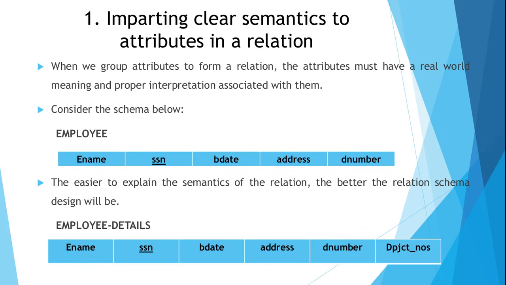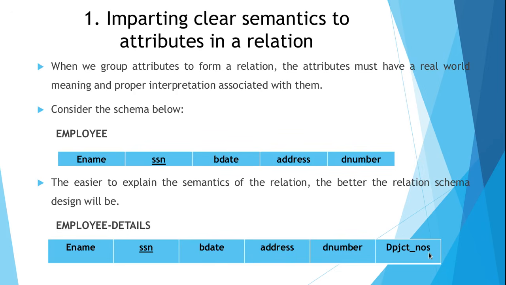When you group a number of attributes to form a relation, the attributes must be the property of that relation. Another example is shown here. Employee details with attributes employee name, SSN, birth date, address, department number, and one more attribute, department project numbers.